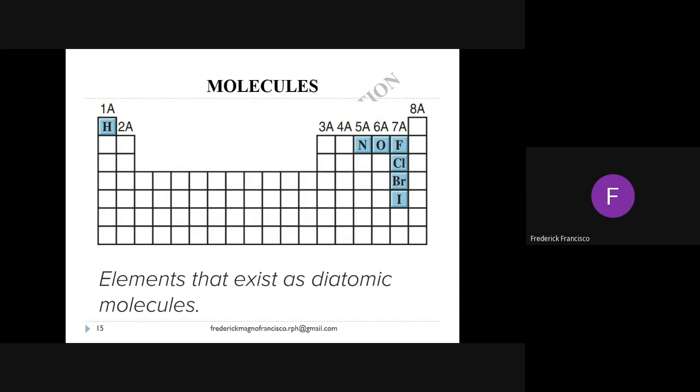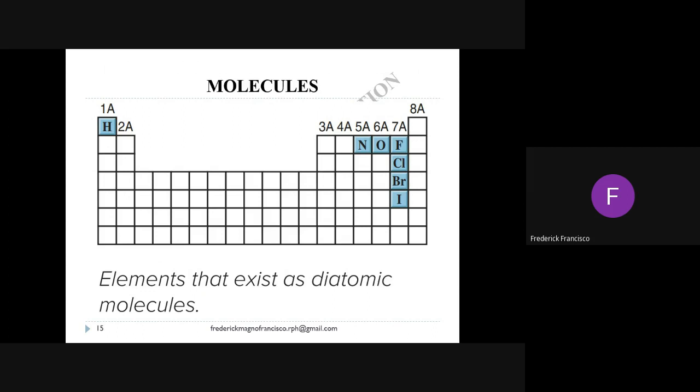Thus, a molecule is not necessarily a compound, which by definition is made up of two or more elements. Like atoms, molecules are electrically neutral.